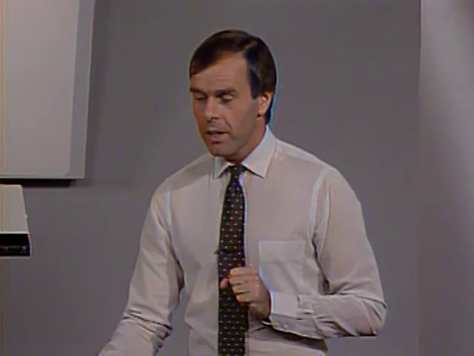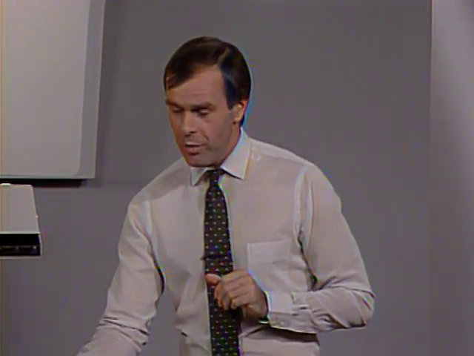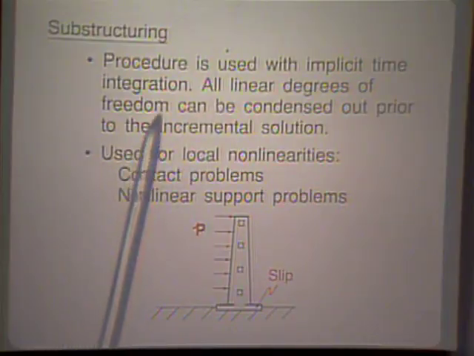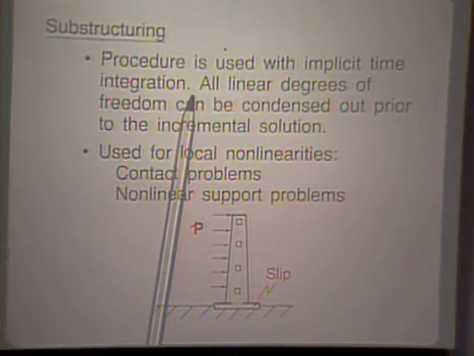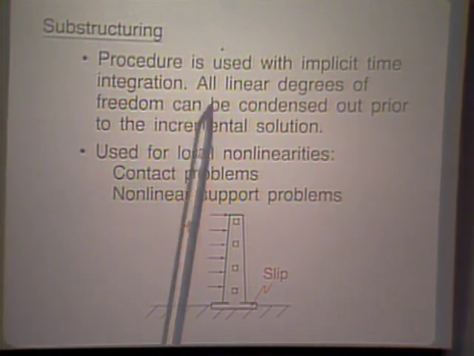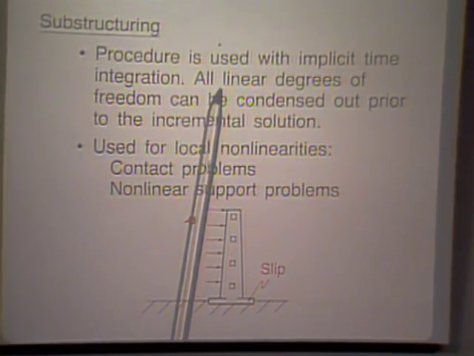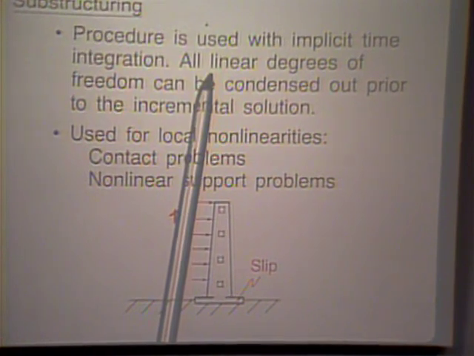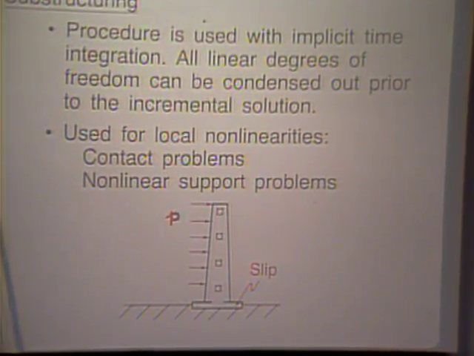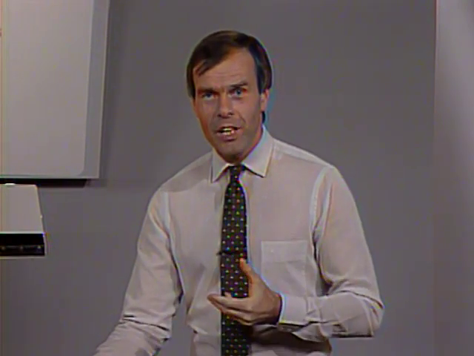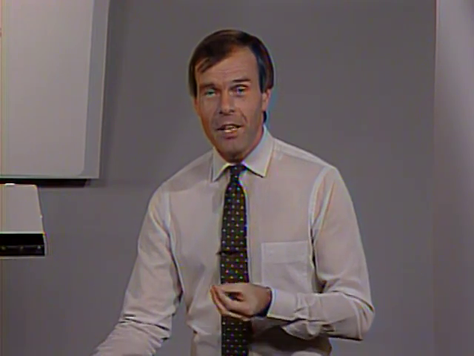As a second technique that can also be very useful in nonlinear dynamic analysis, I'd like to discuss with you the substructuring technique. This procedure is used with implicit time integration, and the important aspect is that prior to the analysis we are setting up the effective stiffness matrix corresponding to the linear degrees of freedom only, and we are statically condensing out all the degrees of freedom that will remain linear throughout the response solution.